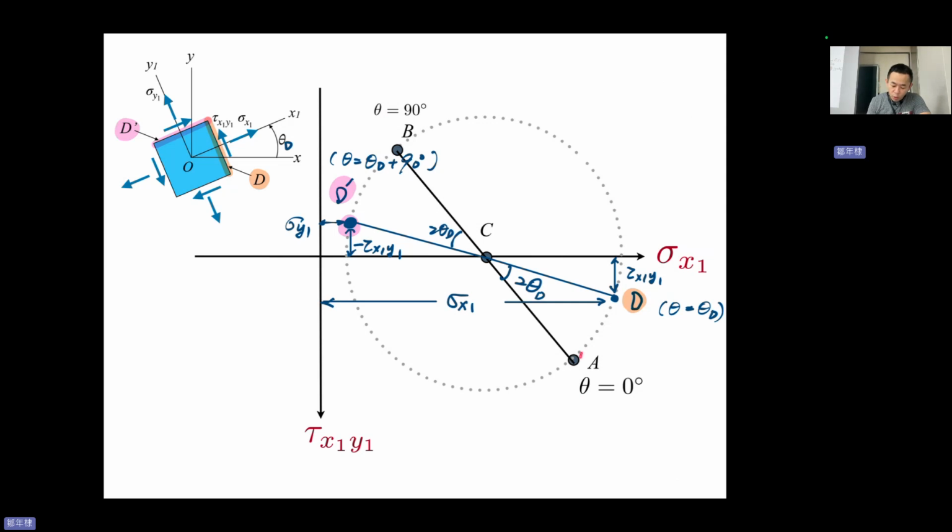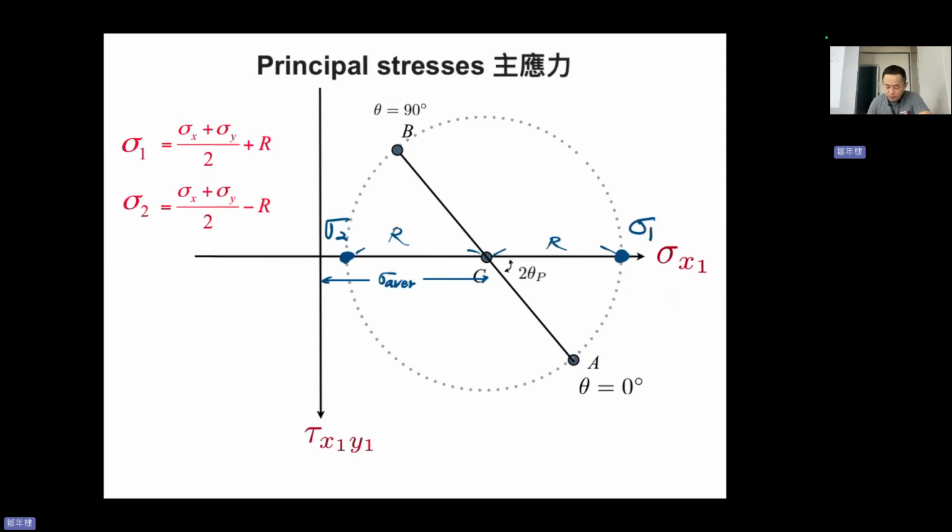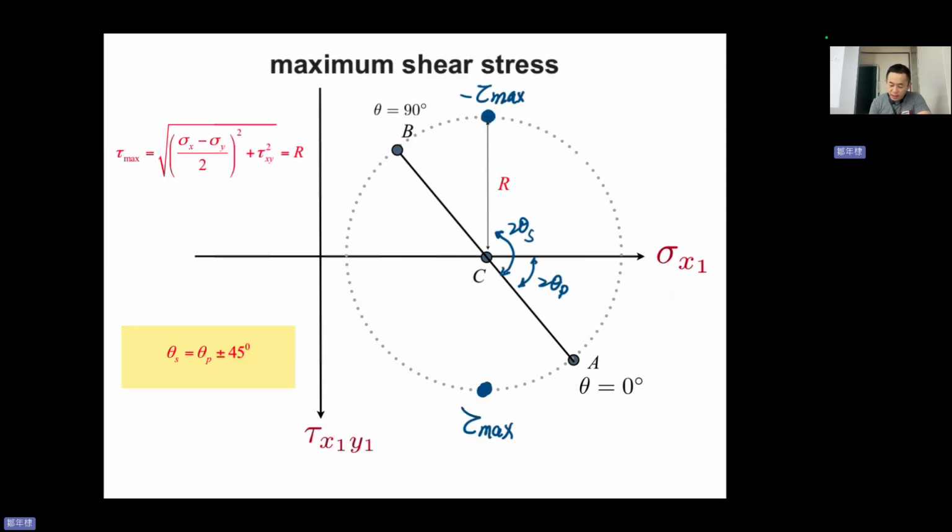Okay, and all the points in this circle represent the stress status for different orientations. And you can see the circle's most right point and most left point are the principal stresses, okay? And the highest point and lowest point of this circle will be your maximum shear stresses.